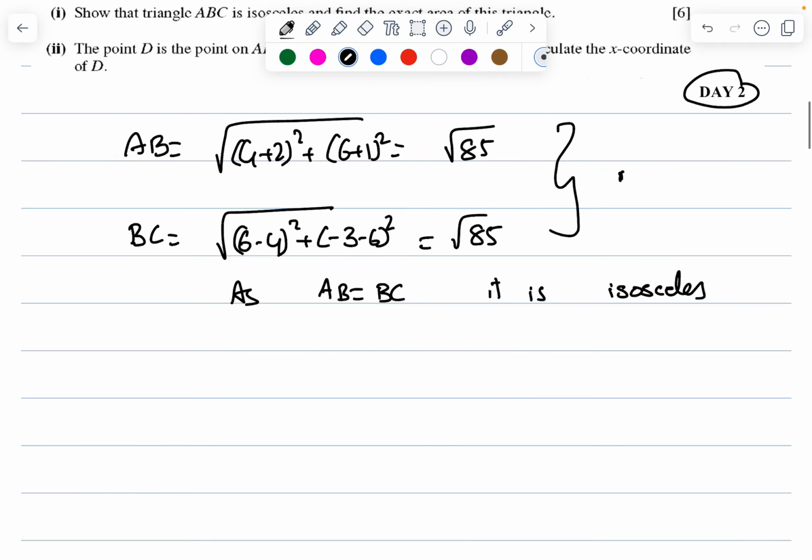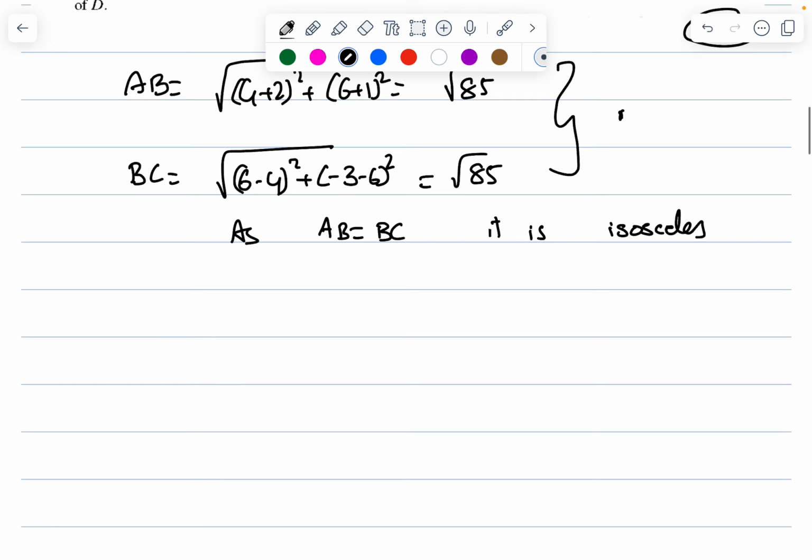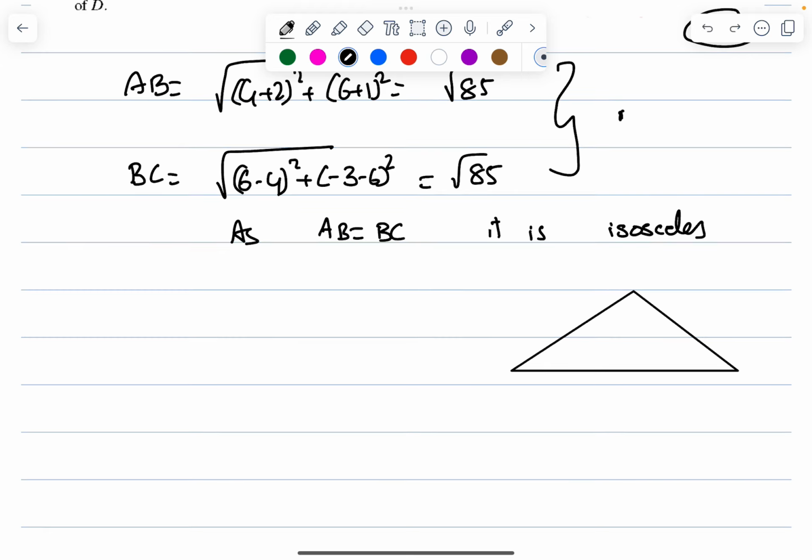Now find the area of the triangle. So what am I going to do? Area of a triangle. So this is A, B, C. AB equals BC.